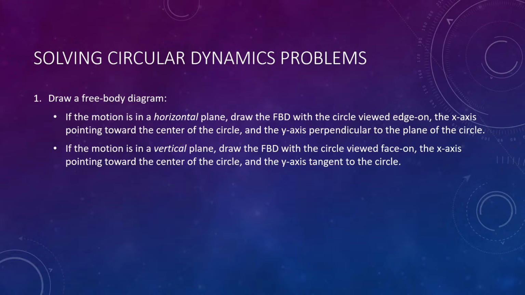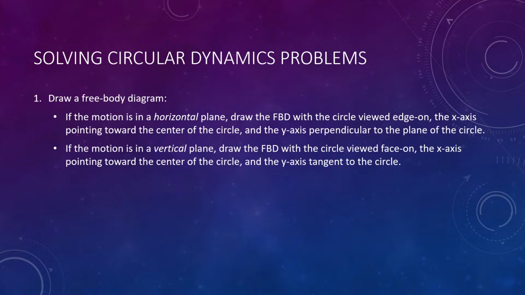Meaning it's like an ant's eye view. Imagine you're an ant on the ground looking at that circular path from the edge. Again, your x-axis must point toward the center of the circle, which means that your y-axis will be perpendicular to the plane of that circle. That just makes sense. Our x and y axes are always perpendicular to one another.